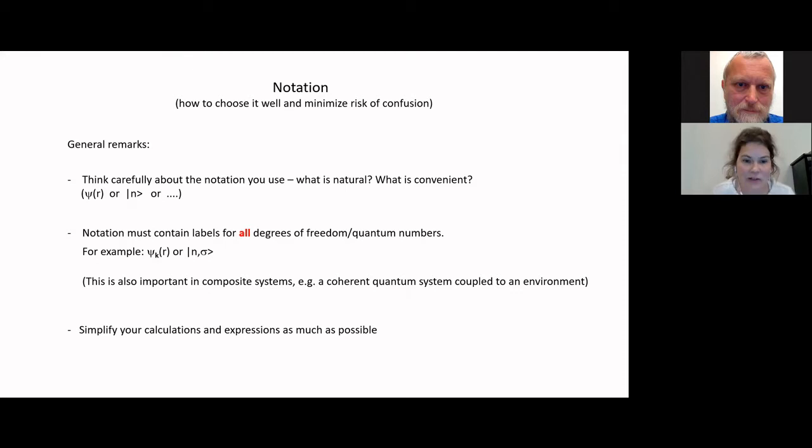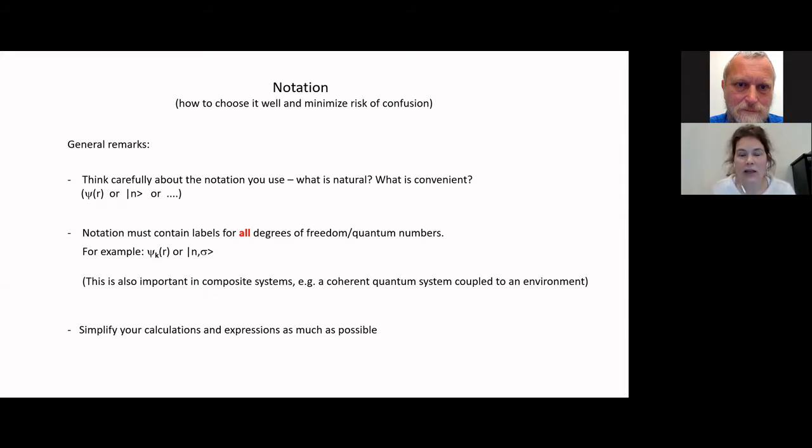And then the last general remark, which again maybe sounds trivial, but still is important: always simplify your calculations and expressions as much as possible. I'll have some examples in the slides that follow, but this is really very important, especially if, and we will have those, there are more complex Hamiltonians that contain many indices, k, k prime, sigma, sigma prime, something else, and you're going to have double sums and complicated expressions.